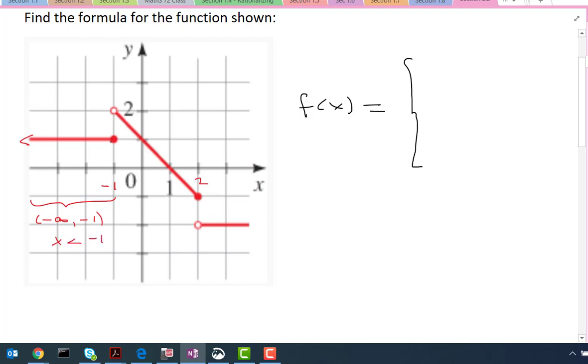So in this case, because it's solid, when we write the first rule, this is going to be included. And now this line, the one with slope, goes from -1 all the way to 2. So that's the interval -1 to 2. And looking at where the solid points and open circles are, this is open, so it's going to be a parentheses, and this one is closed for the middle piece.